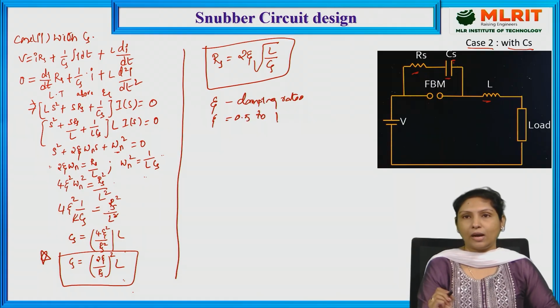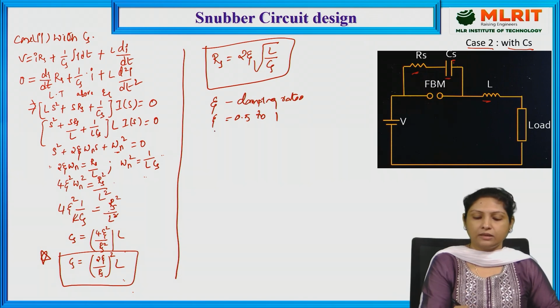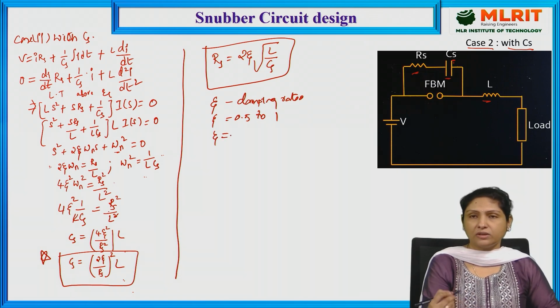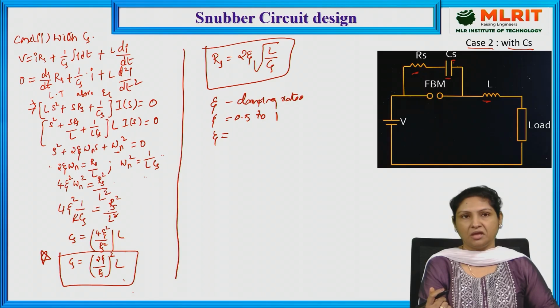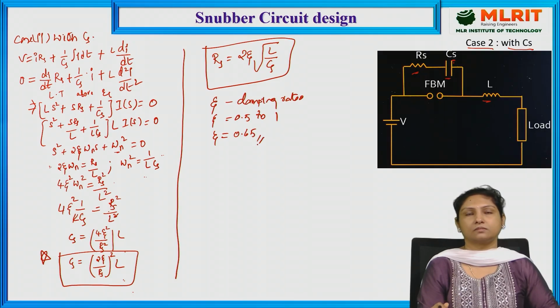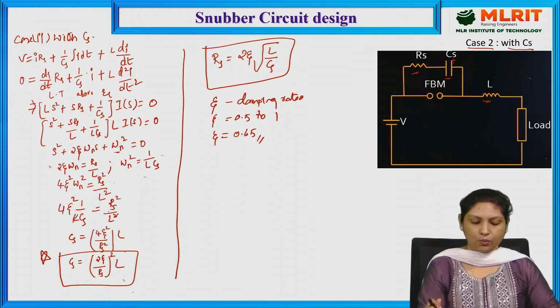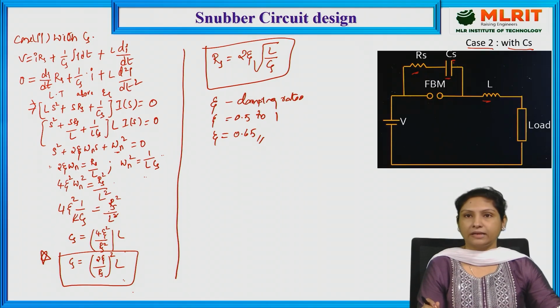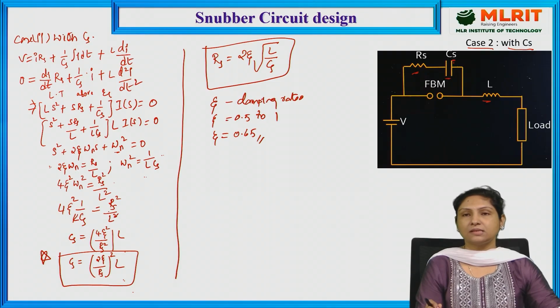And if the value of the damping ratio is not mentioned in the problem, then simply consider the damping ratio zeta value as 0.65. So hereby we have derived all the required formulas, that is inductor, resistance, capacitance as well as zeta.